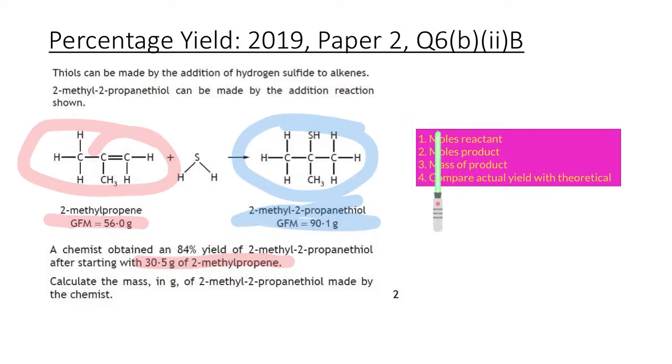So I would pause the video now, try steps 1, 2, 3 on your own, and check your answer to those first 3 steps. You should be able to do that quite easily by now. You've got a mass, you've got a gram formula mass, we need the moles of this, we've got a 1-to-1 ratio, we need the moles of this, and then the mass of this. So pause the video now, play again when you're ready.